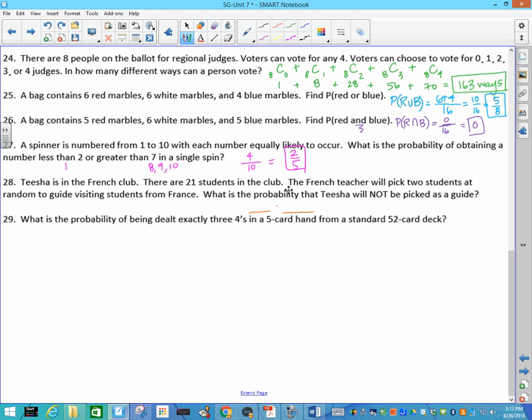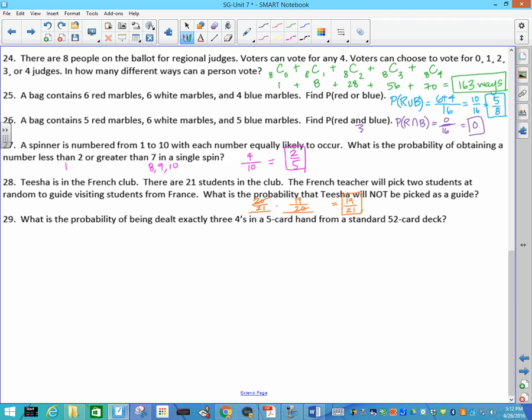So how many students are not Tisha? Well, I think y'all know that's 20 out of a total of 21 students. And then once she picks one, how many are left is 19. And she's already picked one, so there's only 20 because there's only 19 that aren't Tisha. My 20s cancel, leaving me with 19 over 21.